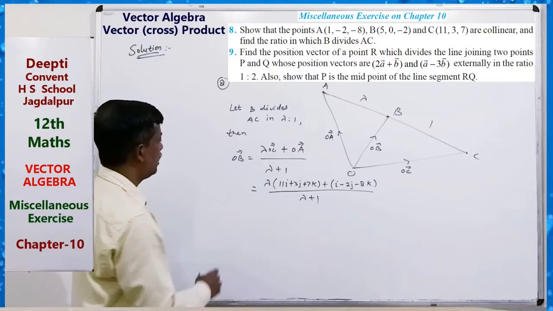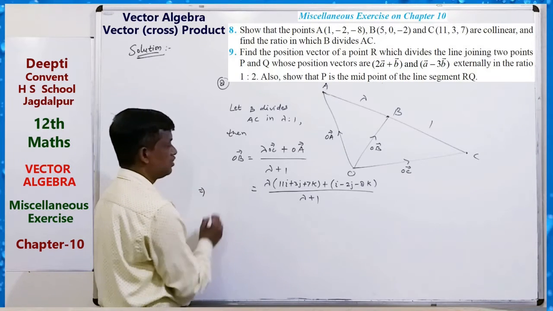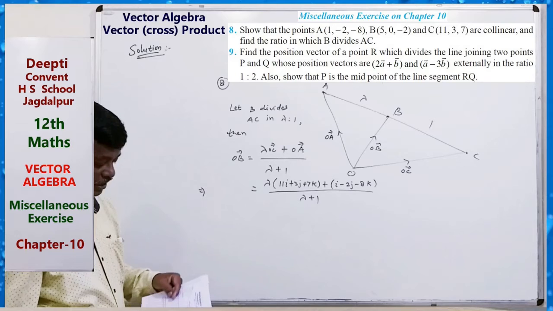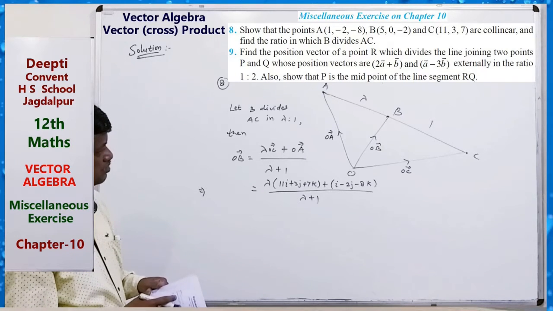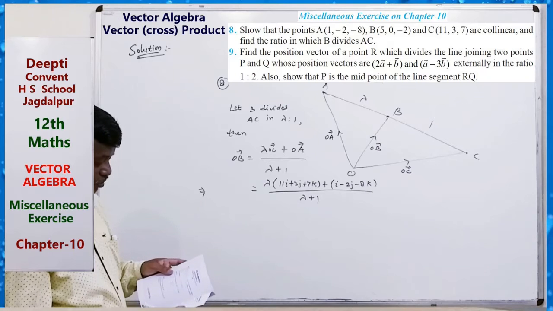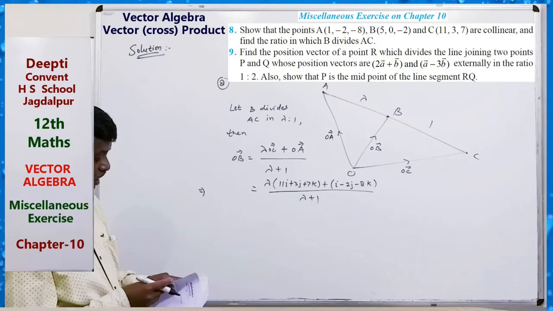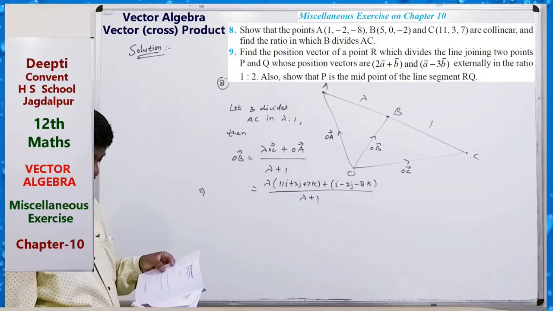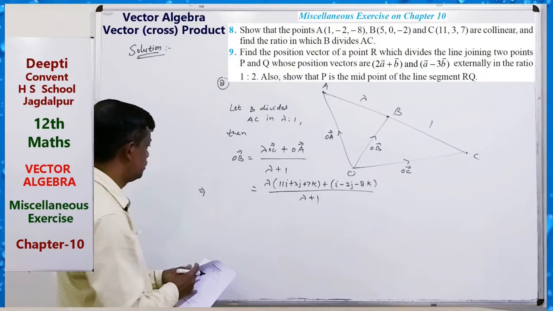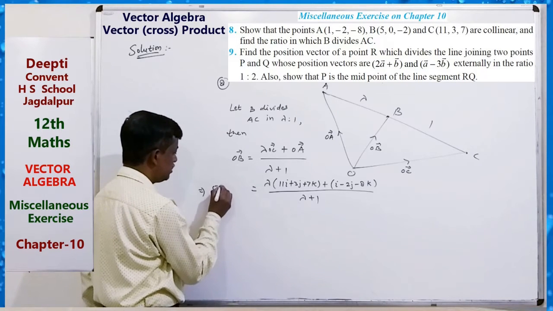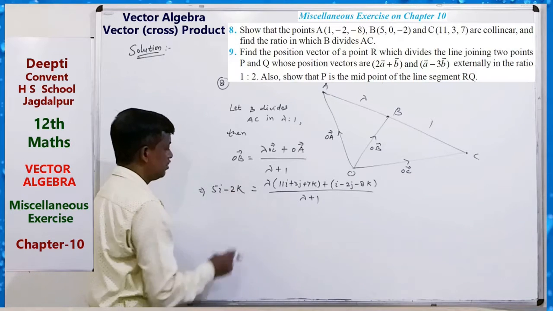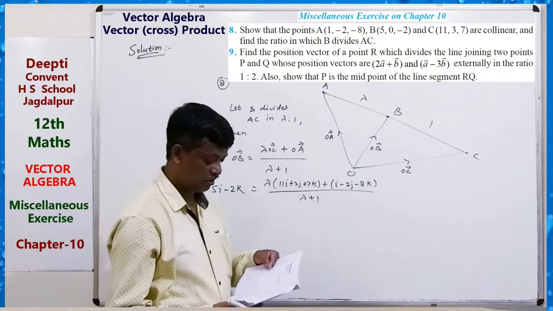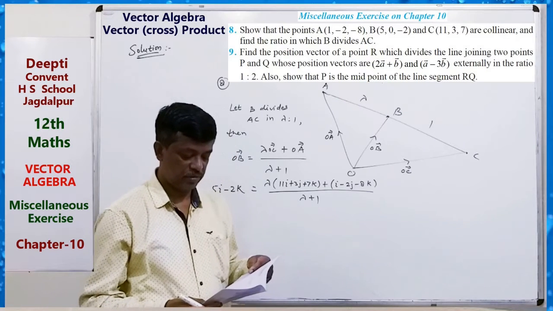OB is also given here: OB is 5I minus 2K.